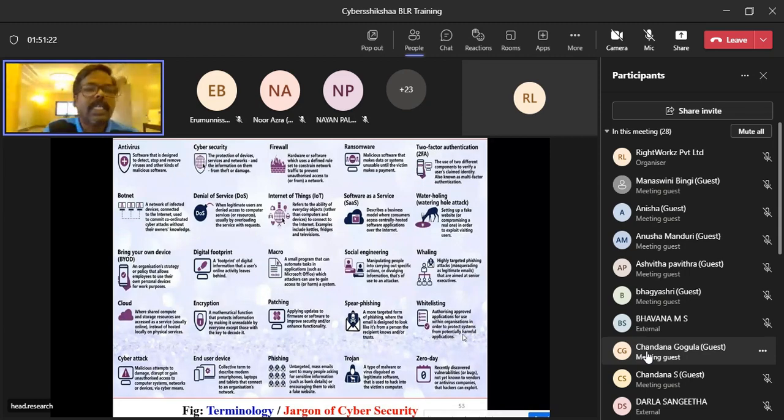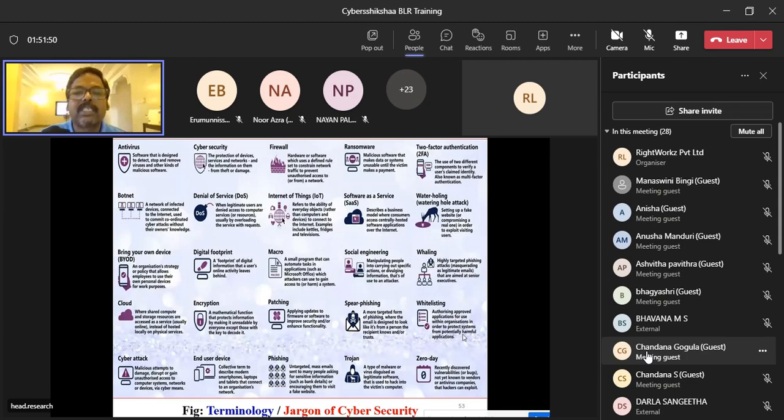Botnet: a network of infected devices connected to the internet, used to commit coordinated cyber attacks without their owners' knowledge. Denial of service: when legitimate users are denied access to computer services or resources, usually by overloading the service with requests.